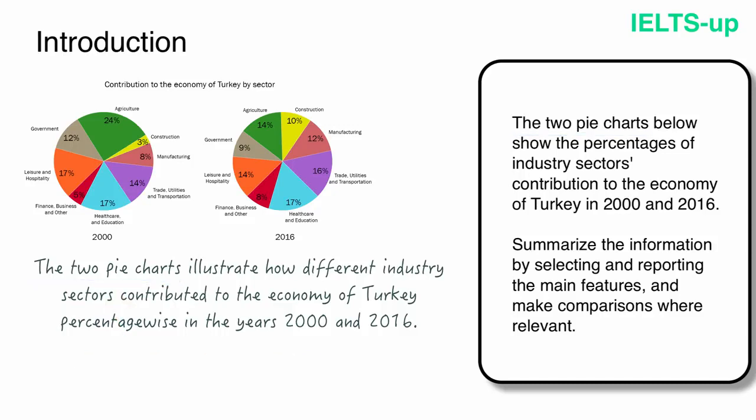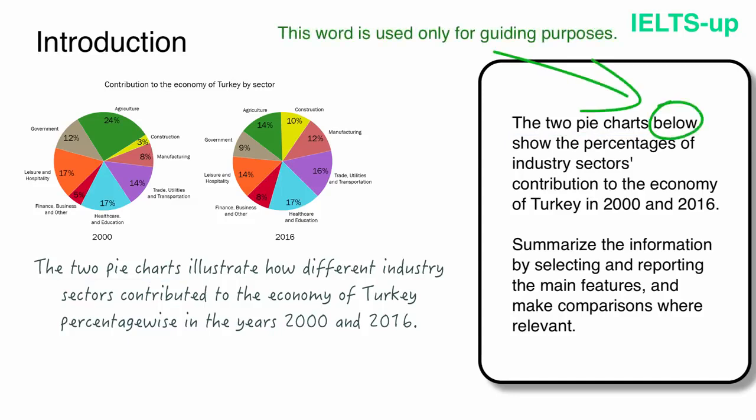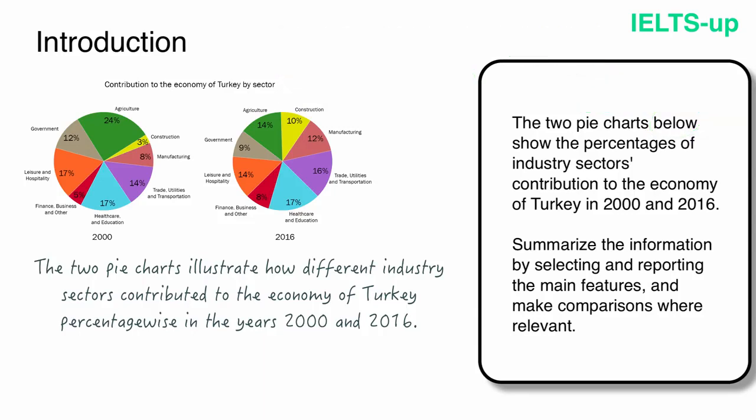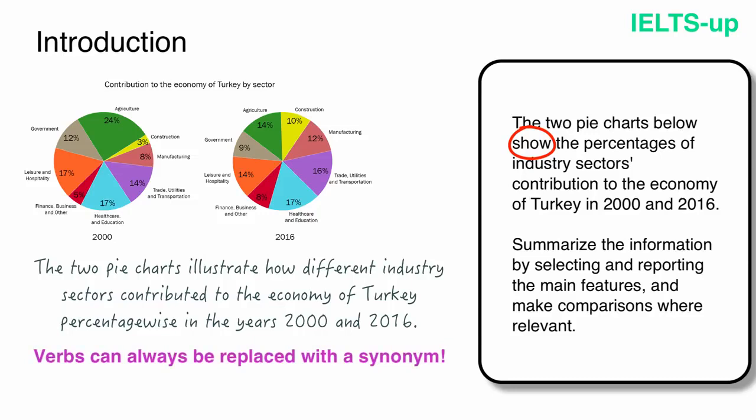After that comes the word below. This word is used only for guidance purposes, and since the examiner won't see a chart below your writing, you can just skip it. Next we have the verb show. And verbs can always be replaced with a synonym. I decided to replace the word show with illustrate.